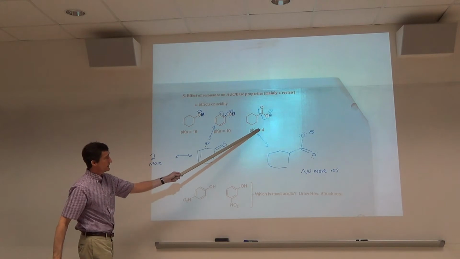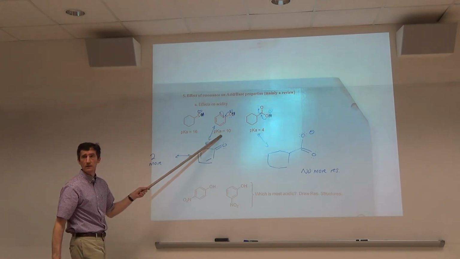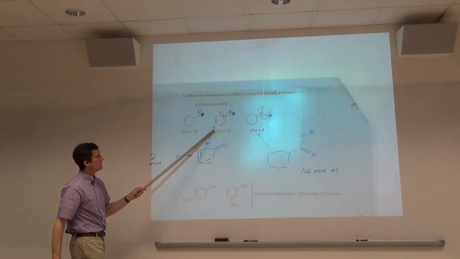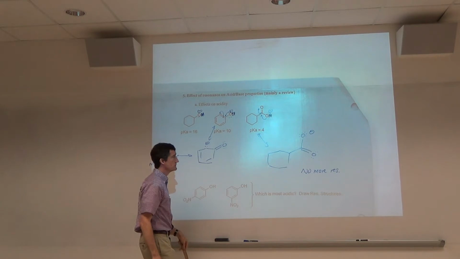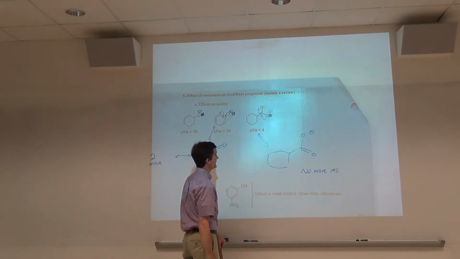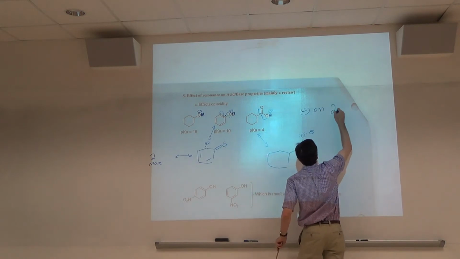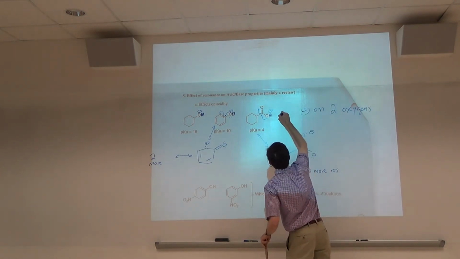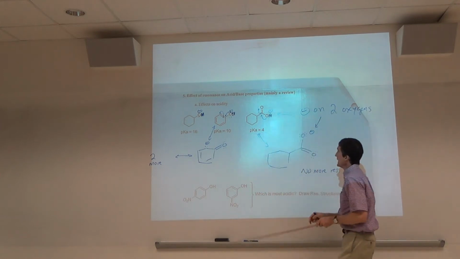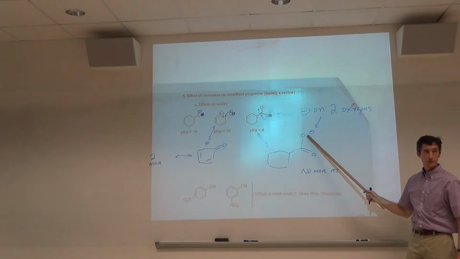Why is that one more acidic? I mean, you can draw more resonance structures here. Induction. Somebody said it. Barbara? The position there. Yes. See, here the minus is spread over two oxygens.